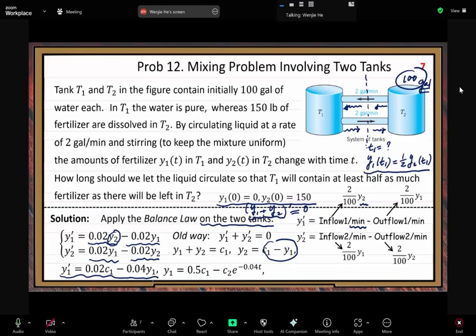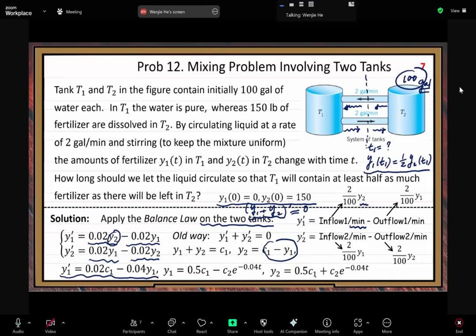By our module 1 method, we can find the solution: y1 equals 0.5 C1 minus C2 (we need to determine the second constant, C2) times e to the negative 0.04 t. Then for y2, we use C1 minus this y1 function to get the y2 expression.